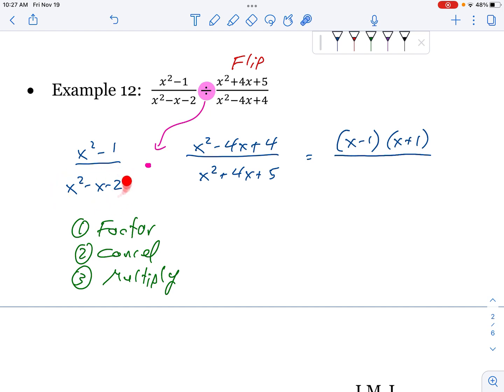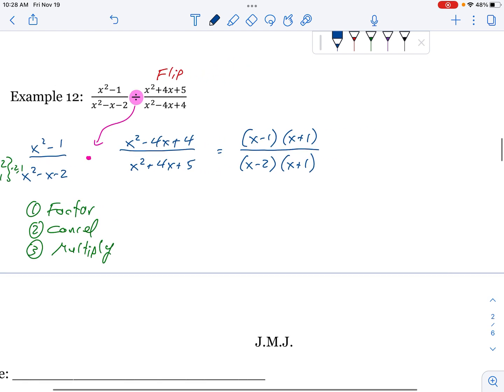Down here, I'm looking for two numbers that multiply to -2 and add to -1. Well, that's -2 and 1, so I get x minus 2, x plus 1. And I have multiply.